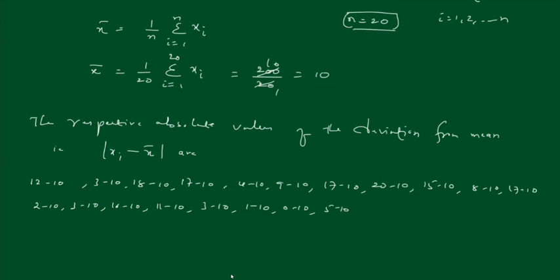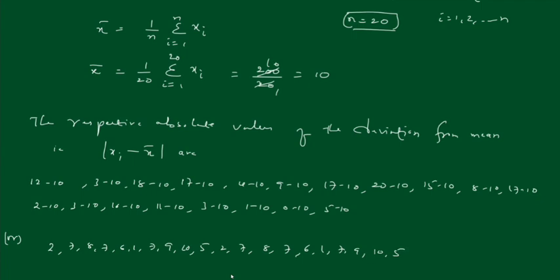The respective absolute values of deviation from the mean. So we have to find the values here. What we get here is 2, 7. We are just taking the absolute value, right? 12 minus 10 is plus 2, 3 minus 10 is minus 7, and applying the absolute value, that is plus 7. 8, 7, 6, 1, 7, 9, 10, 5.